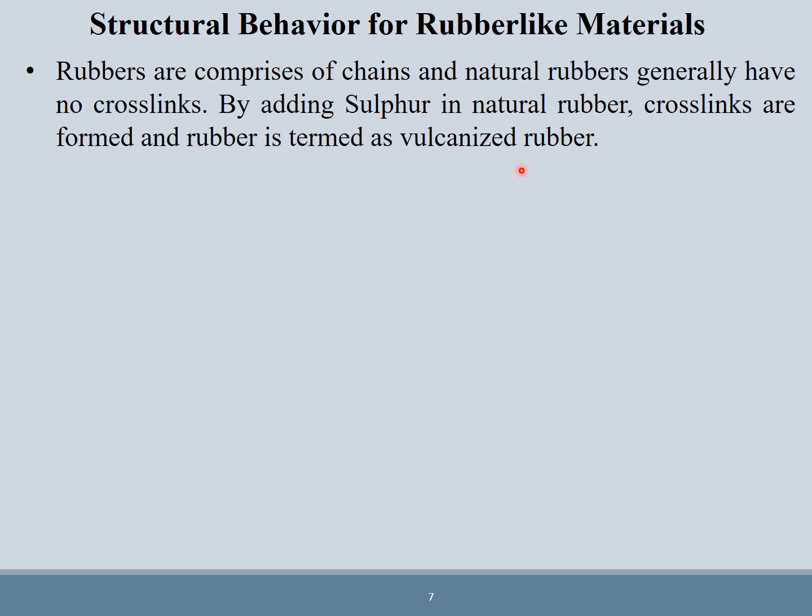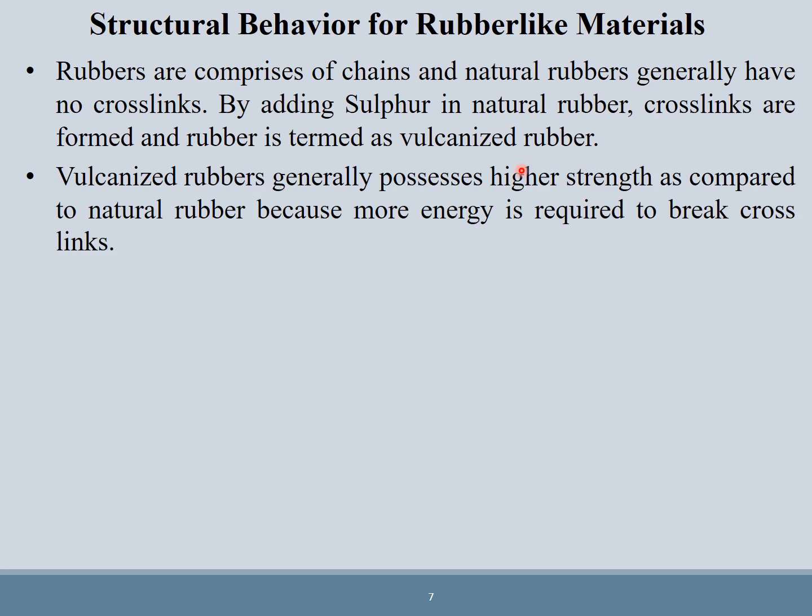I hope you understand this. For example, take chewing gum. If you stretch the chewing gum, it will break at a very small load. But if that rubber has sulfur added to it, a chemical bond is there, so it will produce cross links. That rubber is called vulcanized rubber, and by this the strength is improved.